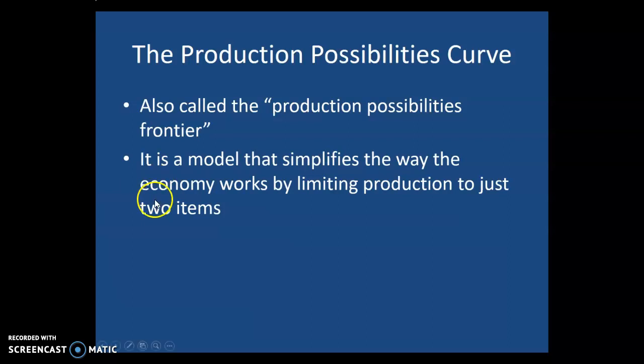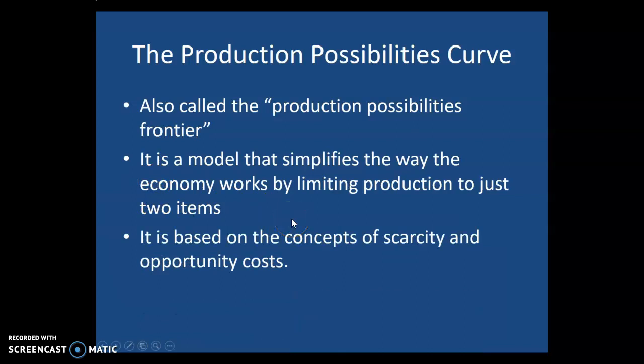It is based on the concepts of scarcity and opportunity costs. Let's say that in our society we produce only guns or butter. The more of our resources that we put towards the development of guns will necessarily take away resources that we could otherwise use in the production of butter. So in this sense, the opportunity cost of making more guns is to make less butter.